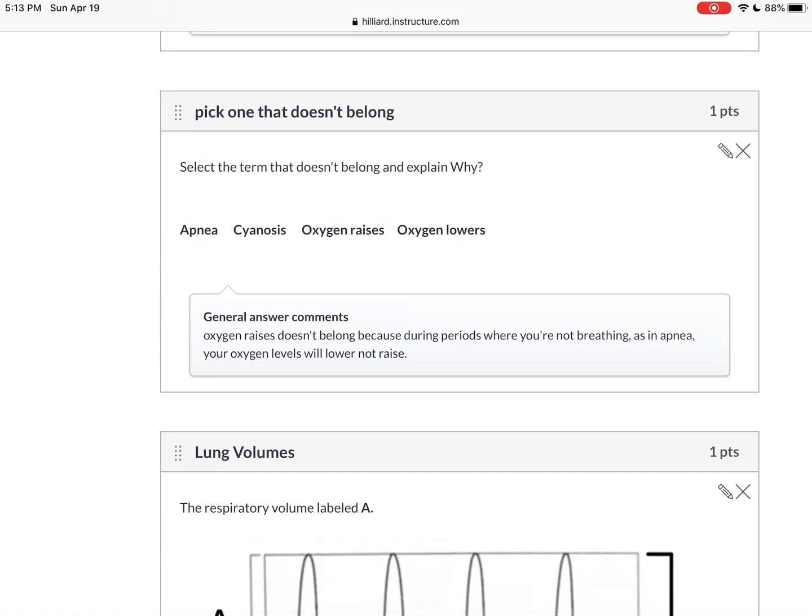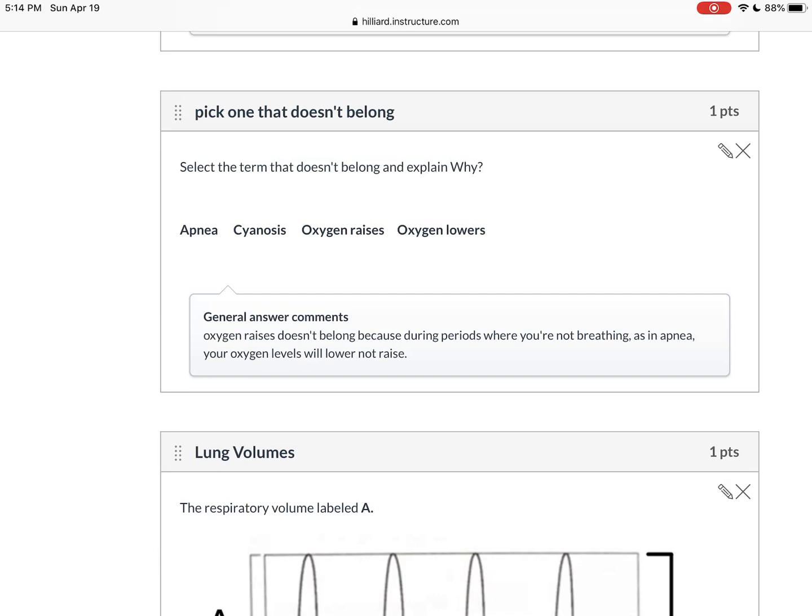Another one here, the last one, picking the one that doesn't belong, apnea. PNEA, if you remember our root words, means to breathe. If you put an A in front of it, that means not. So apnea is not breathing. Cyanosis, cyano is blue. That's when your skin is turning blue from lack of oxygen. So that one's going to go with oxygen lowers.